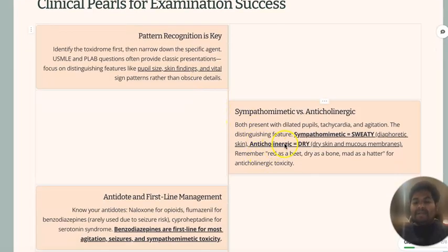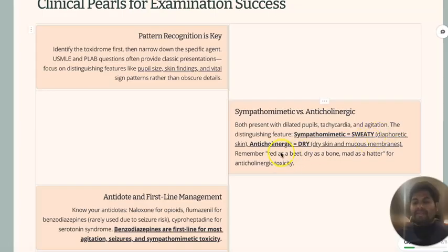Okay, and similarly, this is another important thing. Sometimes it's difficult to differentiate between sympathomimetic or anticholinergic intoxication. So in sympathomimetic drugs, if the person is taking stimulants which have sympathomimetic action, the person will develop diaphoresis, that means become sweaty.